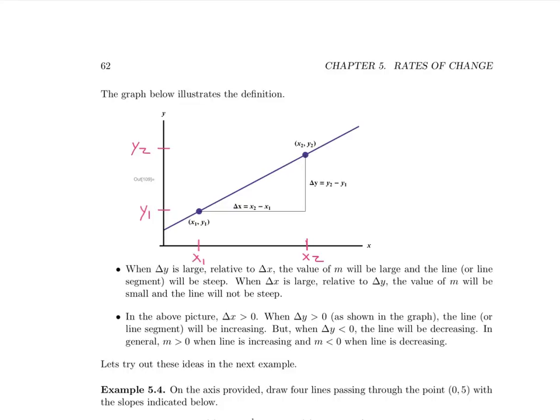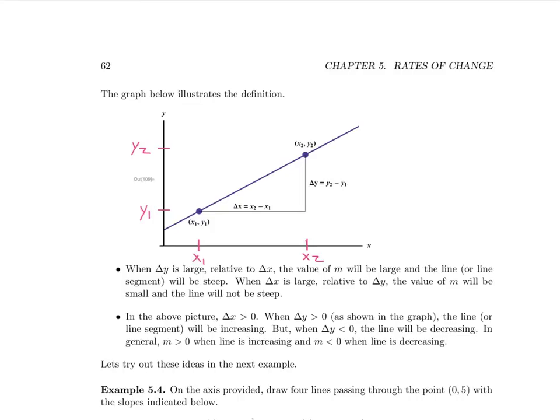So what we're after when we talk about slope is we're trying to measure how steep a line is. And the way we do this is we look at how much a line rises or falls relative to how far left and right it moves over the same period.